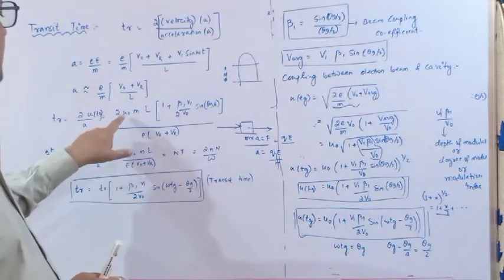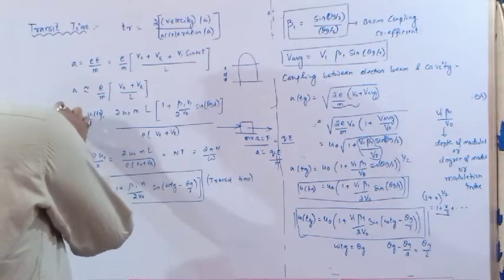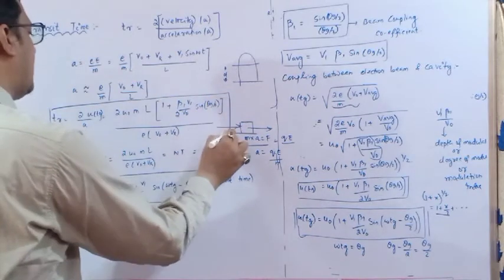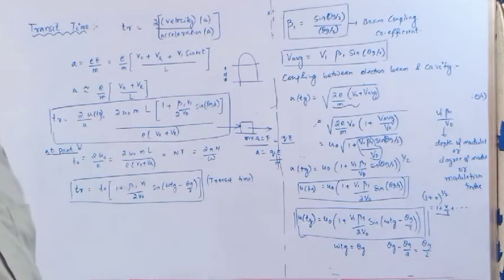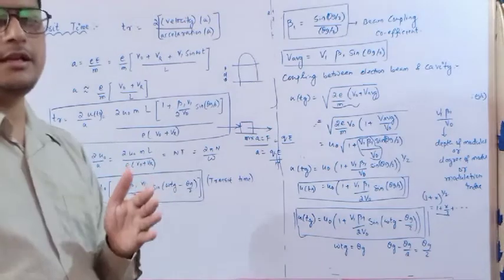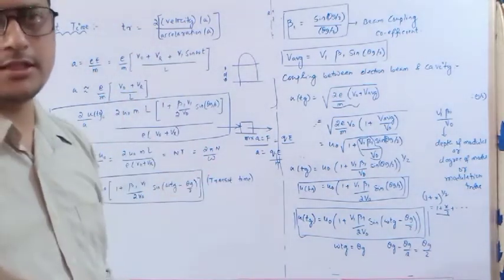Now, this is the transit time we have calculated at a particular Tg. Similarly, we can calculate for an initial time period T0, that is, at a point B where no velocity modulation takes place.